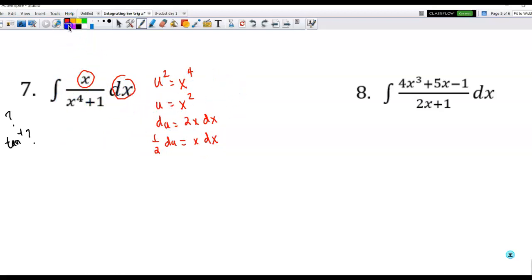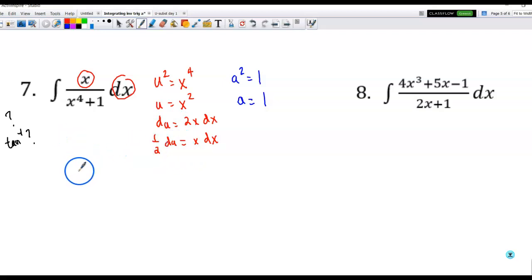If that's the case, then a squared in this case is equal to 1. Square root both sides, a is equal to 1. So since I have everything that I need here, this is the inverse tangent format.